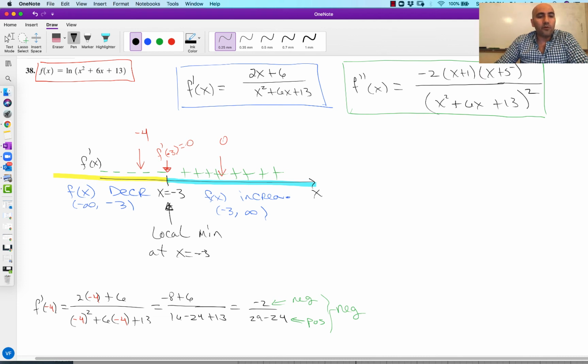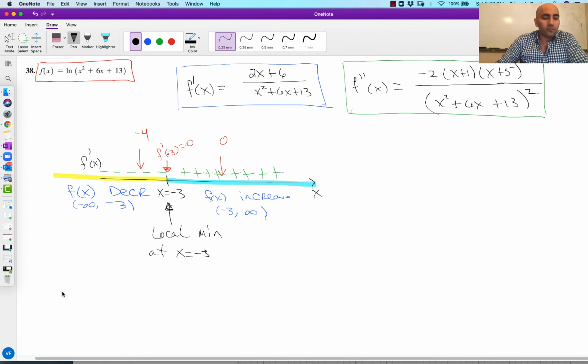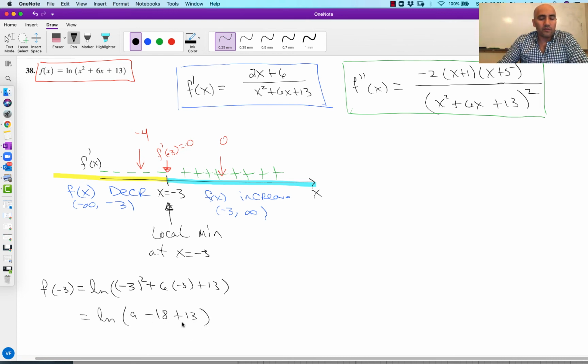I can find the output value of that by plugging in a -3 to here and figuring out what that is. So now f of -3 will be equal to ln of (-3) squared plus 6 times -3 plus 13. So this would be ln of 9 minus 18 plus 13, which gives you ln of 4.